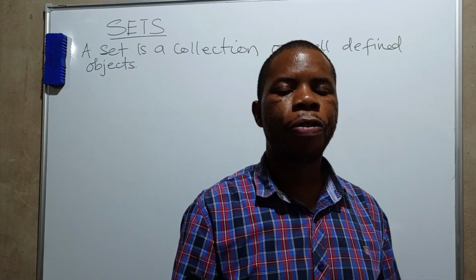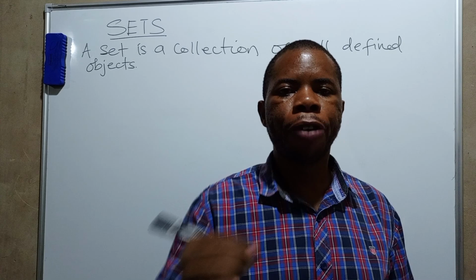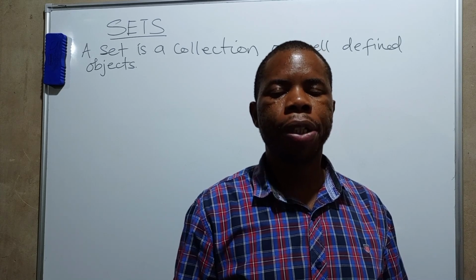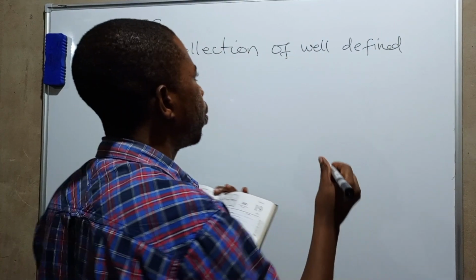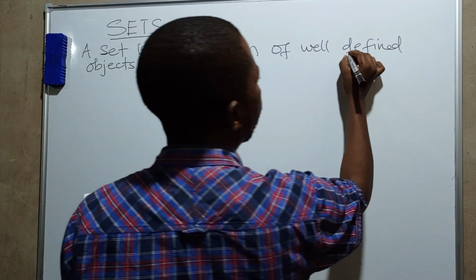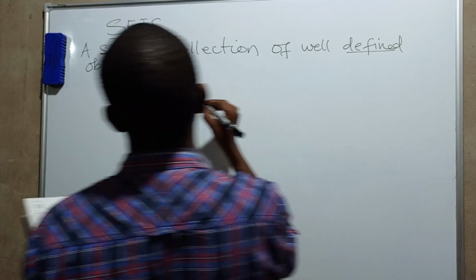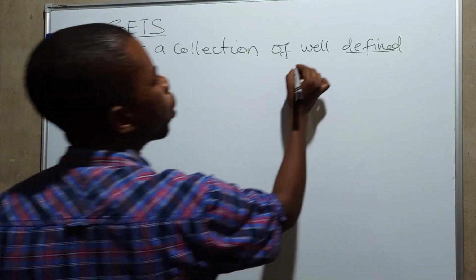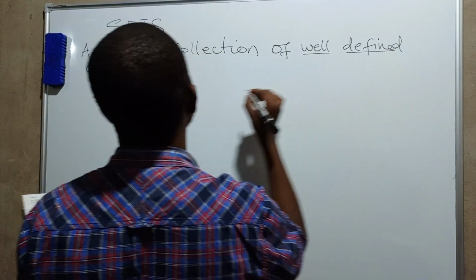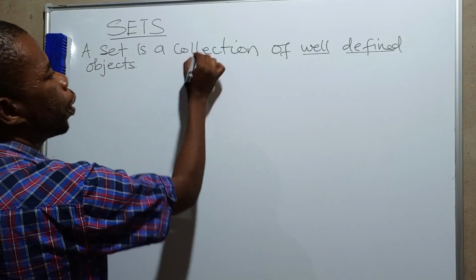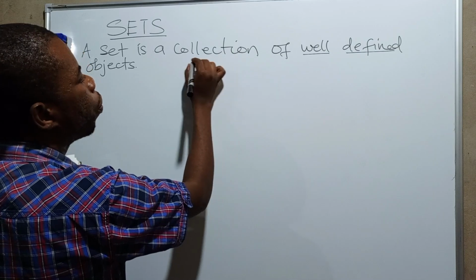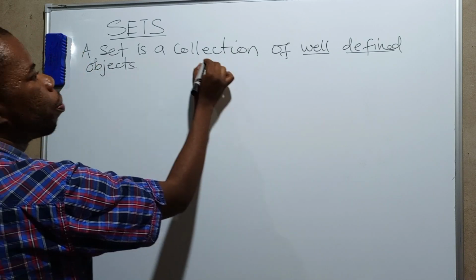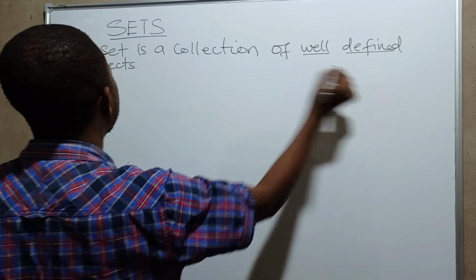If we have objects that are well defined or explained, then we have a set. The key words here are well defined objects. Then for collection, we can also put group. A set is a group of well defined objects.